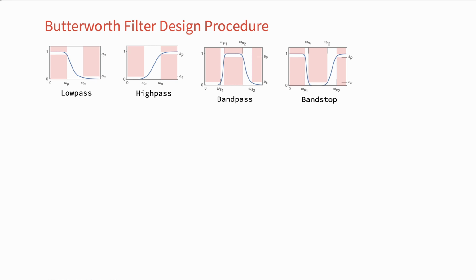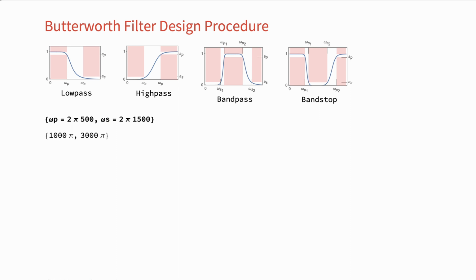The typical filter specification gives the corner passband and stopband frequencies, omega p and omega s respectively, and the attenuations or gains in each of the two bands, AP and AS, as shown here. For example, consider a low-pass filter with passband and stopband edge frequencies at 500 Hz and 1500 Hz.